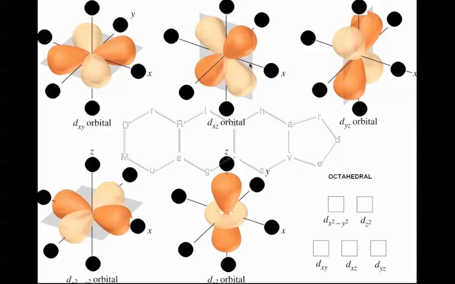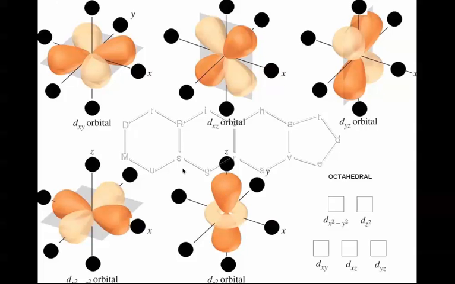The xz, they're between the x and z, and the yz, they're between the y and z axes. Now these two, on the other hand, your x squared minus y squared and your z squared: the x squared minus y squared lies on the actual x and y axes, while the dz squared lies on the z axis, like that.